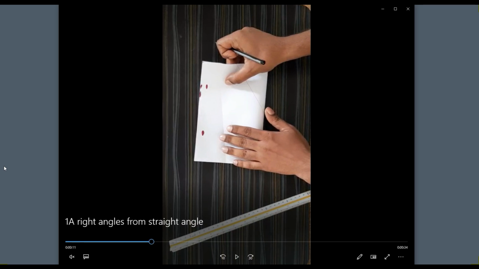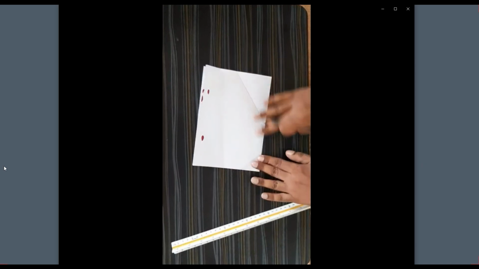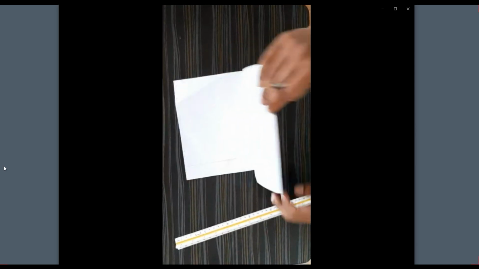So this is an A4 size paper. So edges are in line, they are parallel to the opposite side and all of that. So I'm folding in such a way that the edges match, right? They overlap. Okay. So then I folded the paper. I get a crease.